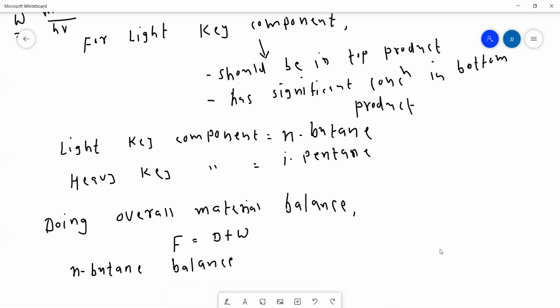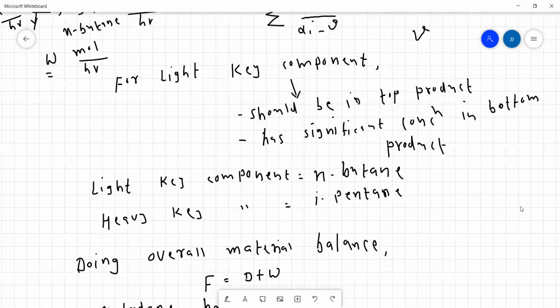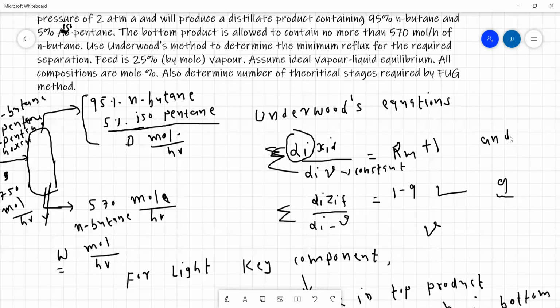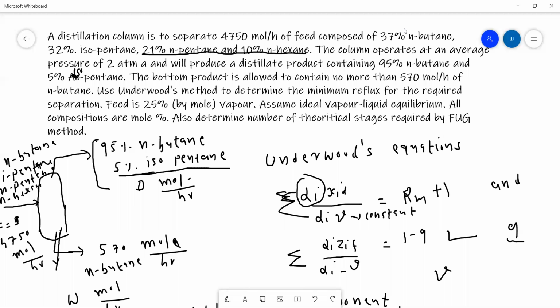So the mole fraction in the feed is 37%, and all compositions are in mole percentage. That is already mentioned in the problem statement.